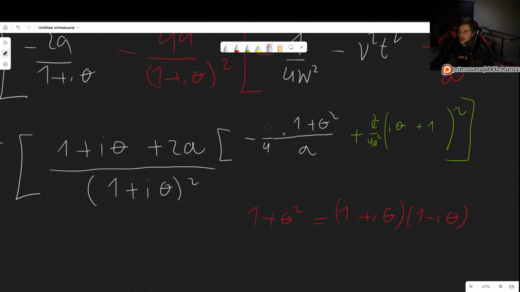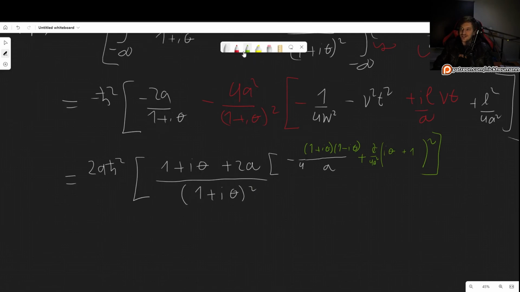And now we are finally in the position to make some real progress, because we have 1 plus I theta here, here, and here. So we can cancel out one of these.